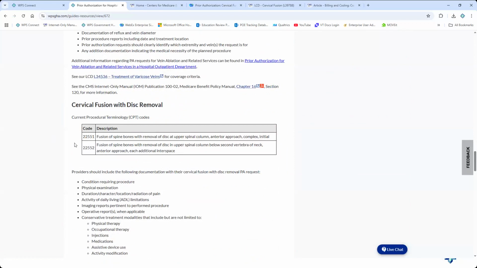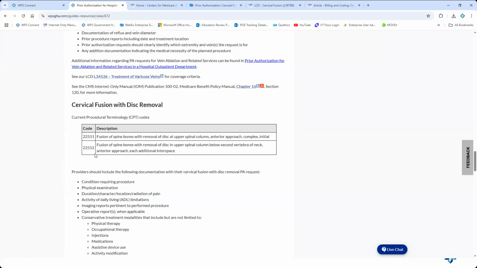So if you are planning on either of these CPT codes and you are doing your service in a hospital outpatient department of an OPPS hospital and you bill on a 13X type of bill, it does require you to request a prior authorization with us as your Medicare contractor.